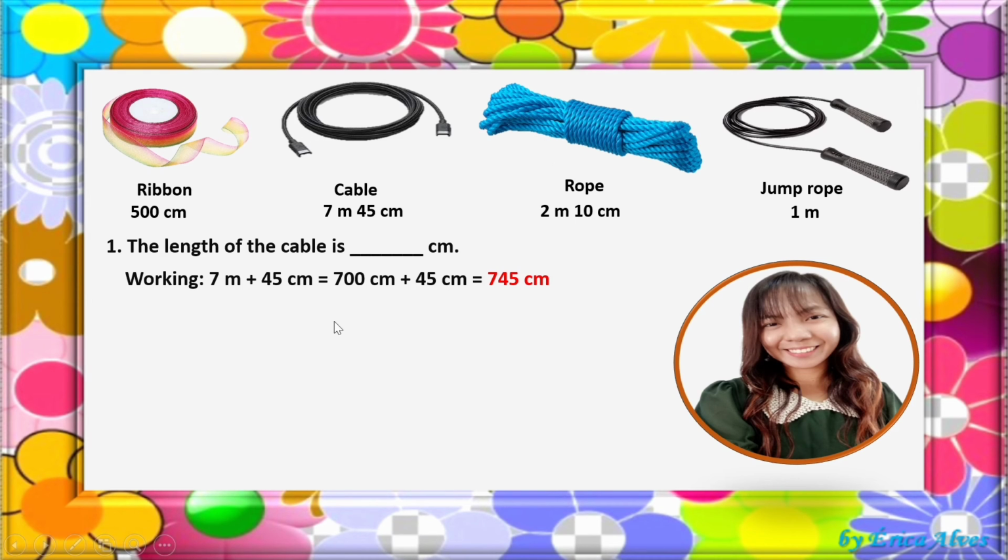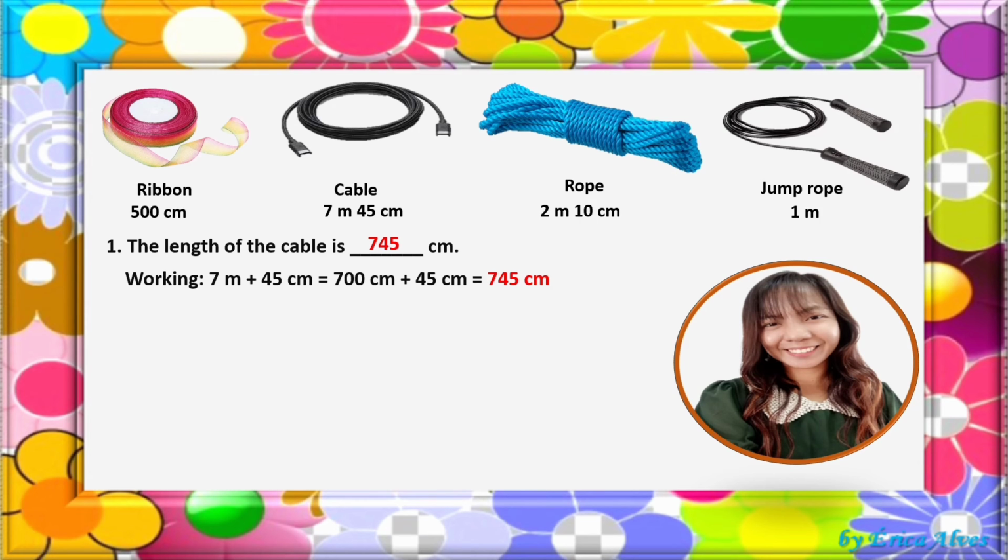Alright, so if you convert the length of the cable from 7 meters, it will become 700 centimeters, and then add plus 45 centimeters, so the total is 745 centimeters. Alright, so that's the length of the cable.